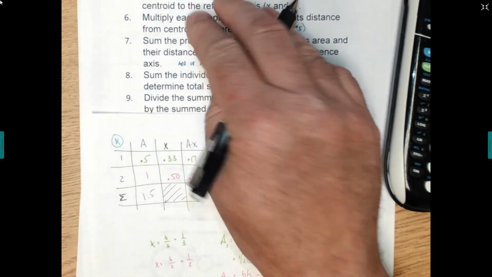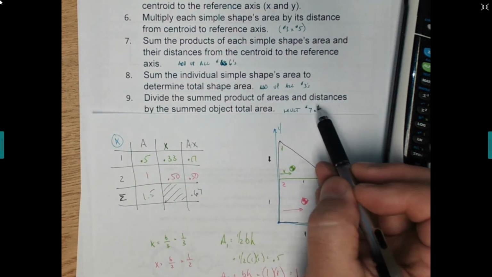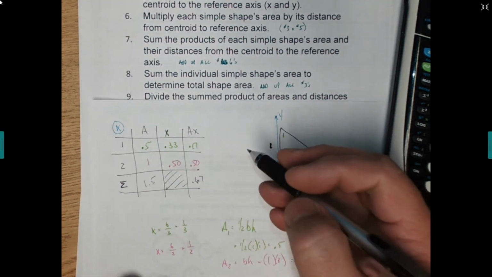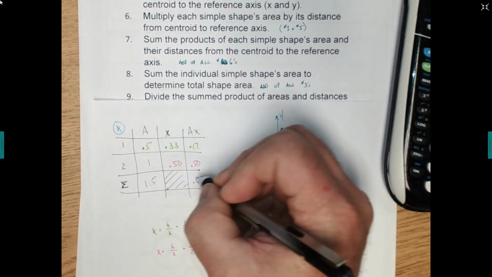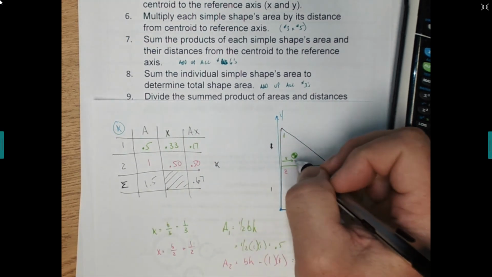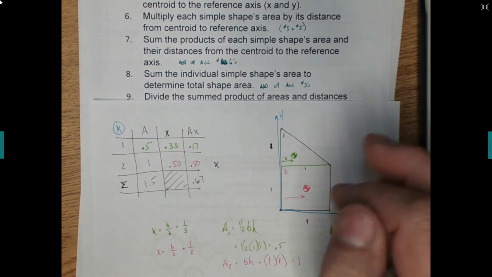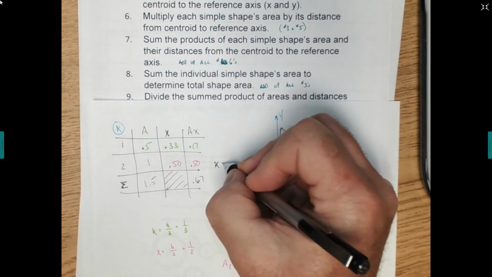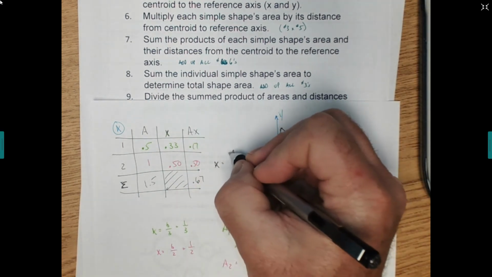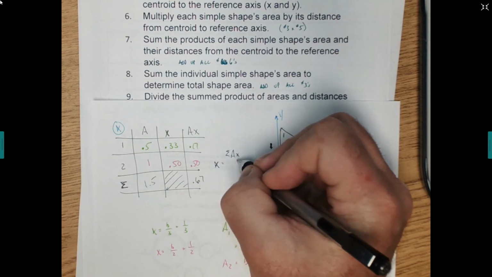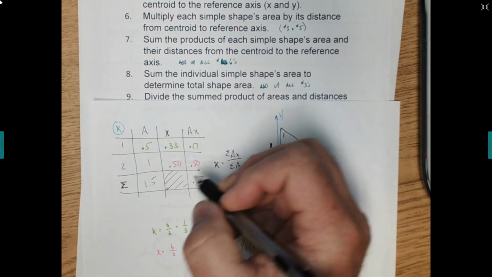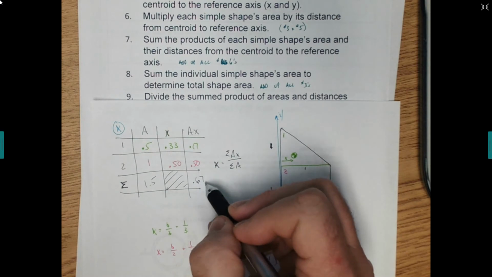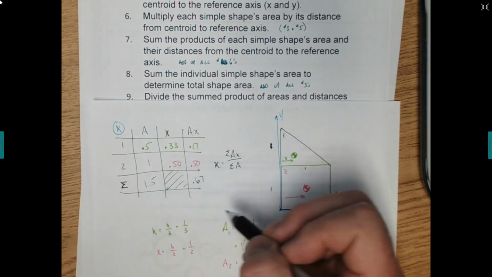Now the last thing, it says divide the summed product of areas and distances by the sum total area. This is to find the total centroid for this shape in the x direction. You want to divide the sum of the ax's over the sum of the a's, that's area times the distance divided by the areas.